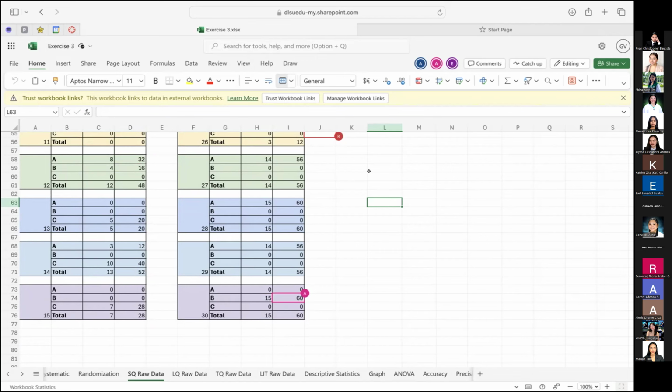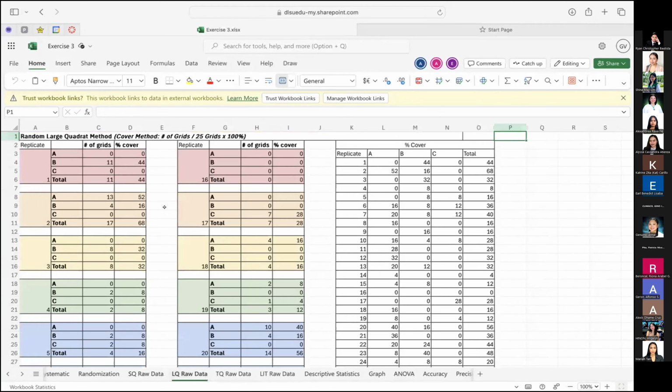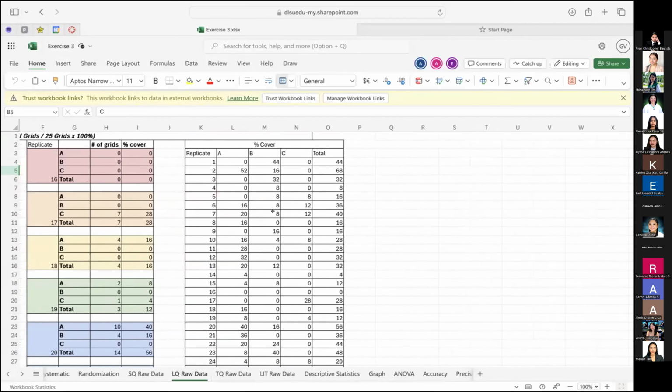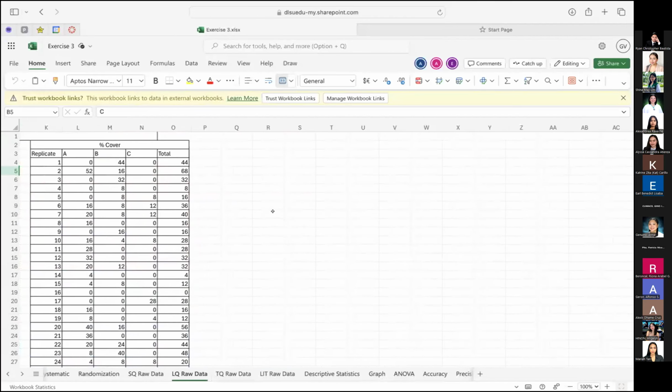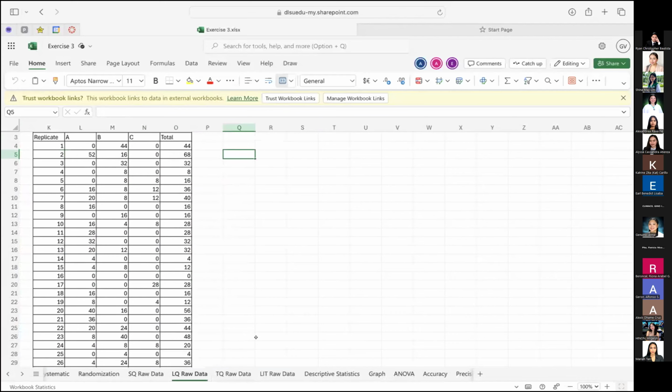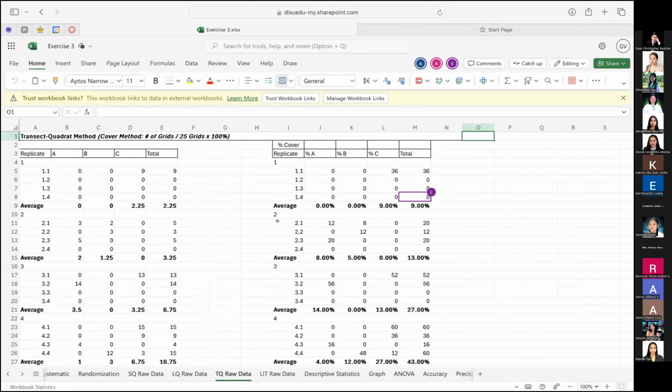I'm assuming your large quadrat is the same also. Can you click that? Column L, row 5. Okay, thank you. Can I see the transect quadrat sheet?